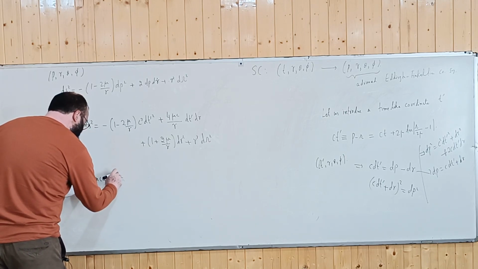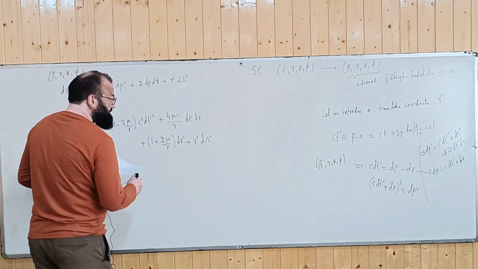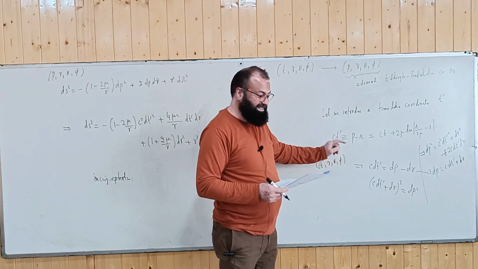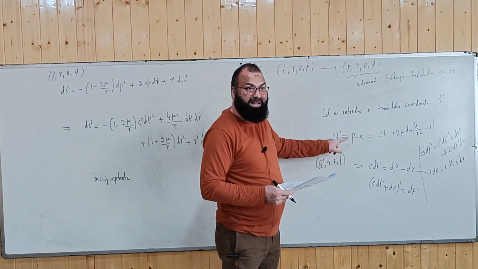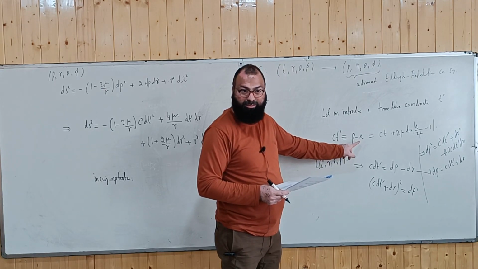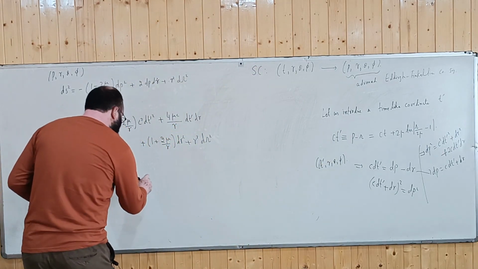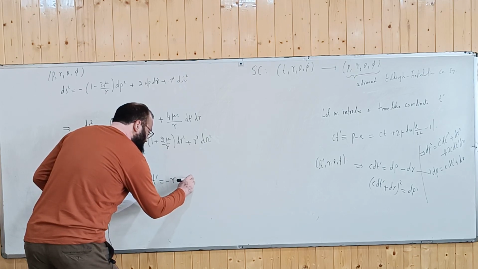What is our incoming photon geodesic? Look at this formula. We are now figuring it out in terms of t prime and r. For the incoming photon, p is constant. So c t prime is equal to minus r plus constant.